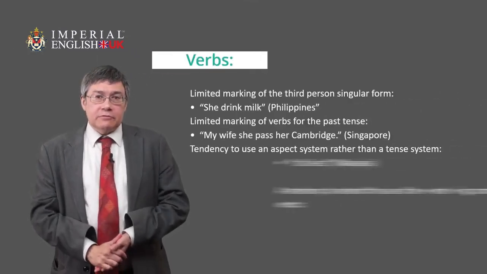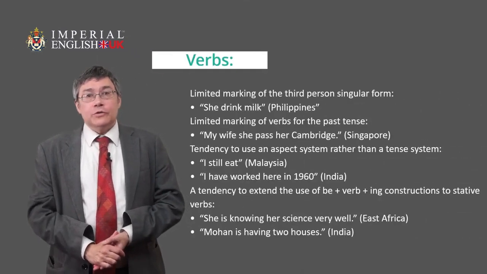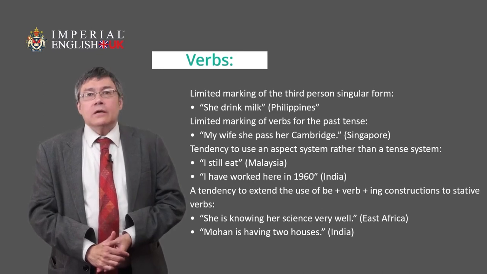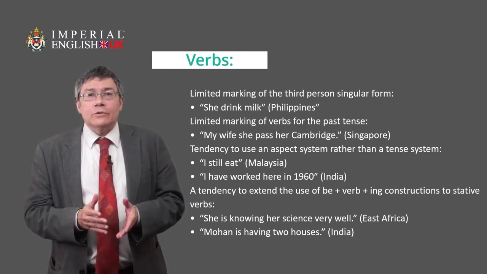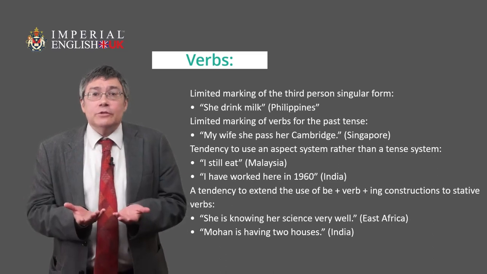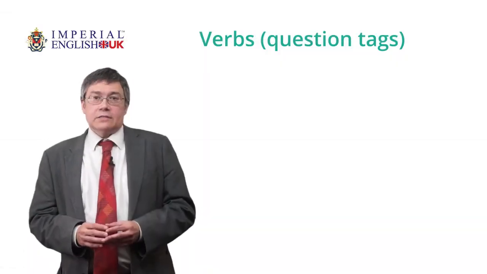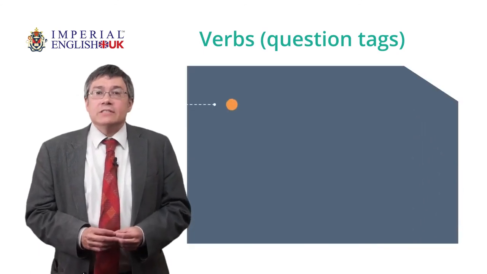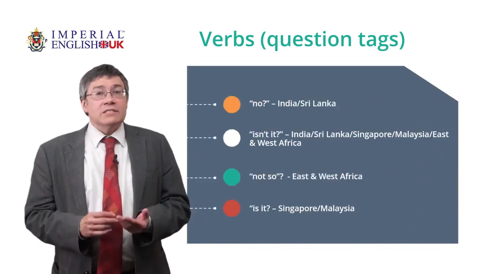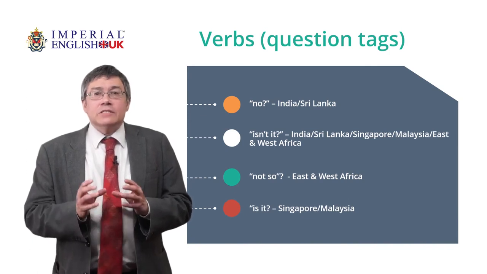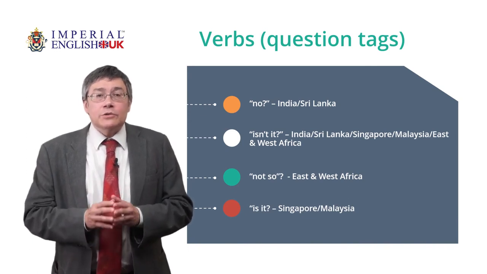Looking at verbs in grammar, I imagine your students produce language like this at times. How do you feel now you know that this is acceptable use in some regions? Question tags can be a problematic area to teach, so it is interesting to see how the use of question tags has developed in some forms of post-colonial English.